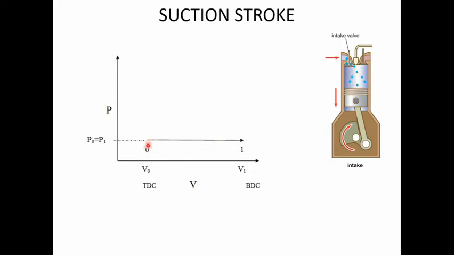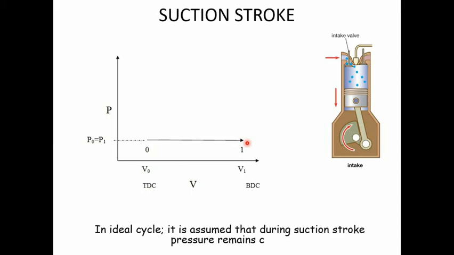That's why, look, from 0 to 1 the volume is increasing, and as we consider in the ideal case, the pressure remains constant during the suction stroke. So pressure at 0, P0, and pressure at point 1, P1, are the same: P0 equals P1.